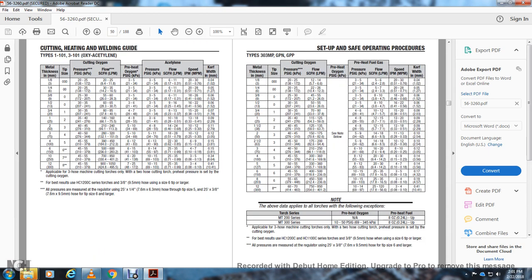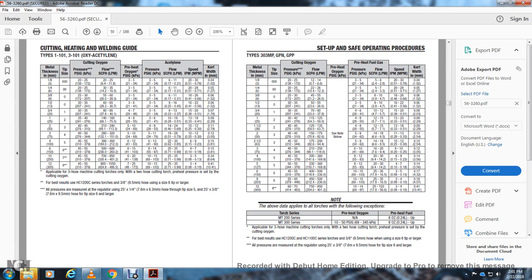Alright, cutting, heating, and welding guide, types 101 and 301, oxyacetylene: minimum thickness in millimeters, tip size, cutting oxygen pressure PSI gauge, low flow SCFH, preheating oxygen PSI gauge, acetylene pressure PSI gauge, flow SCFH, speed IPM, curve width in inches.